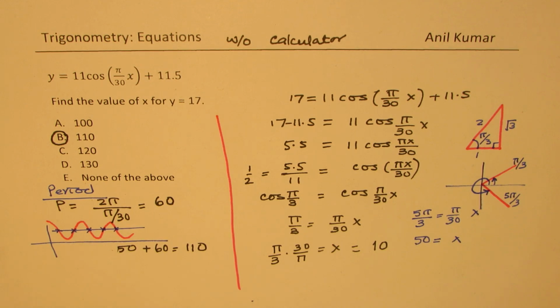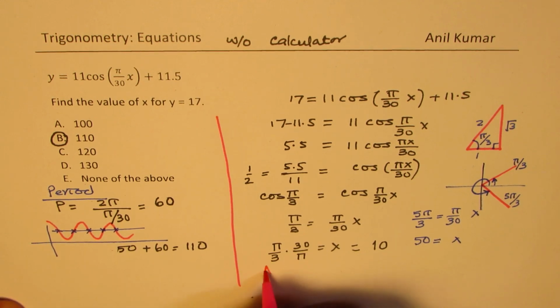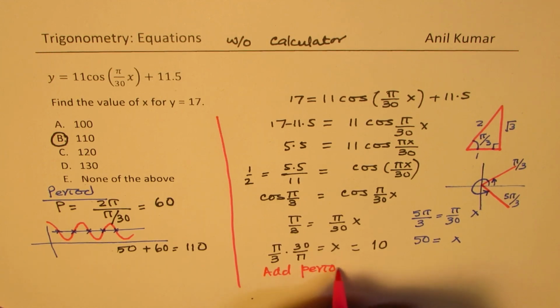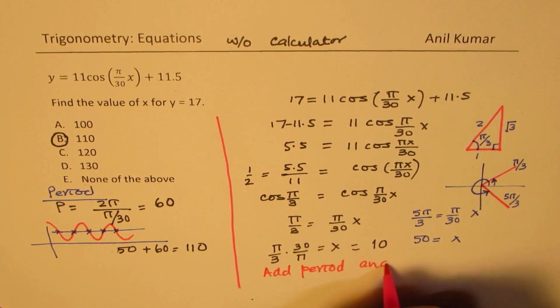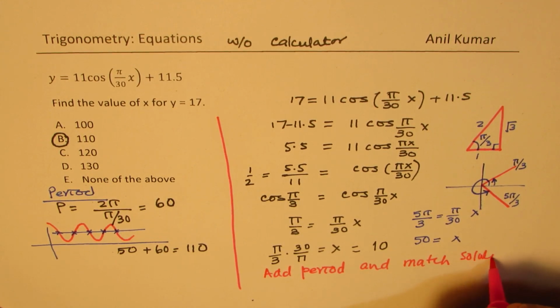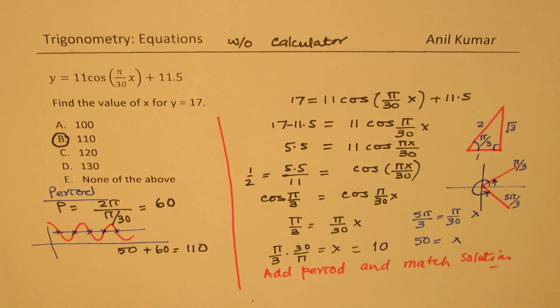So the key here is to add the period and match the solution. Is that clear to you? This is the concept which we should follow to answer such a question. I hope it makes sense.